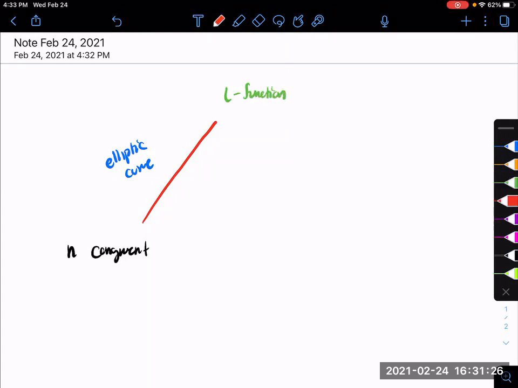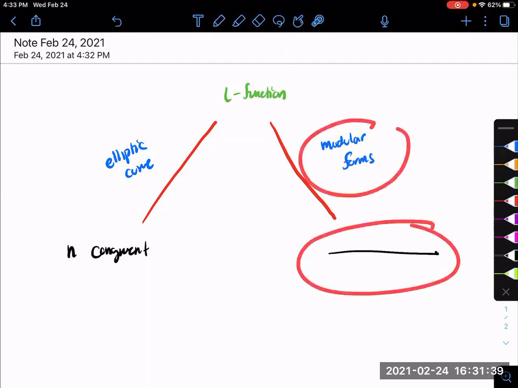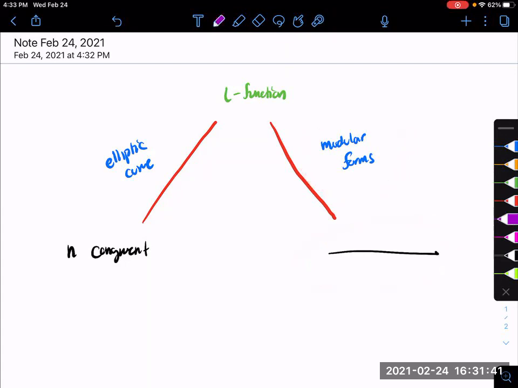And then you have to climb back down the hill to get to the congruent number theorem. And climbing down the hill is the world of modular forms. Okay, so we want to fill in this blank using the theory of modular forms. n is congruent if and only if what checkable thing is true, right?